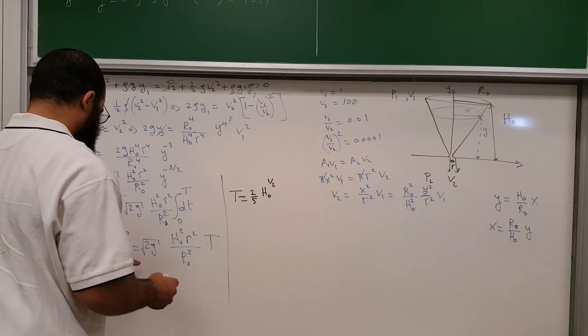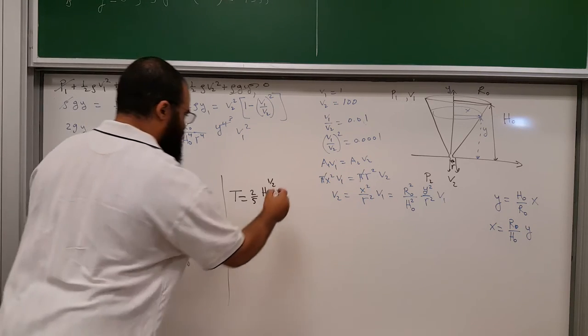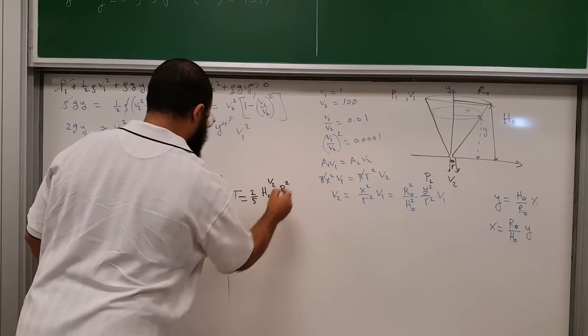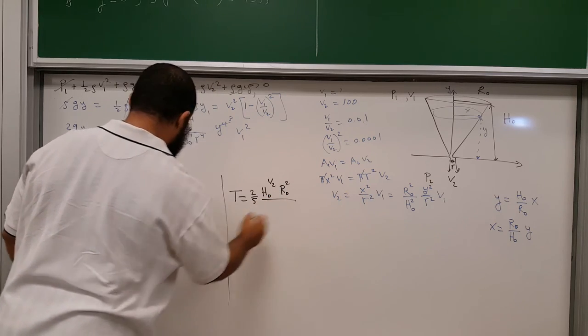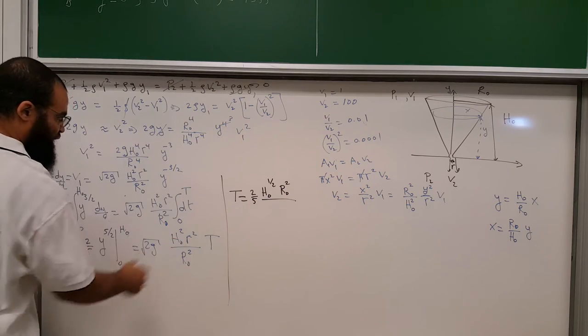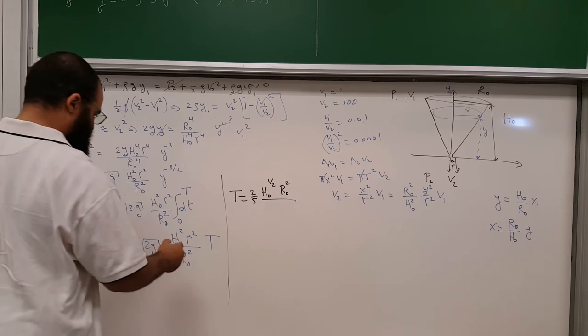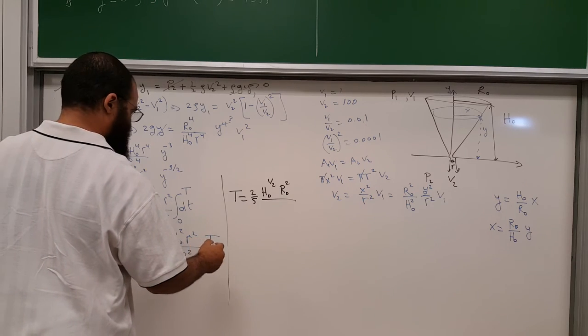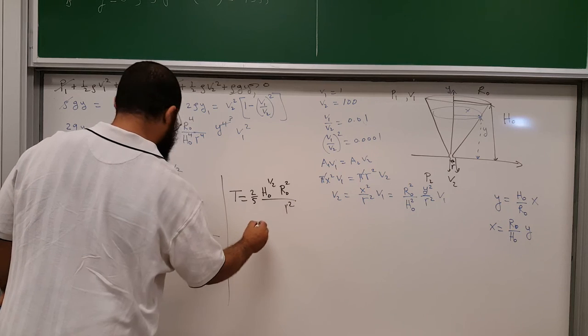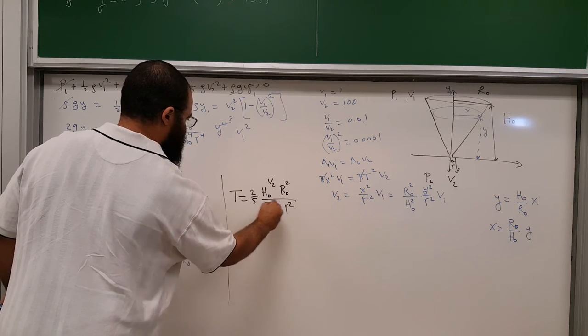And we're going to multiply by r0 squared. And we're going to divide by this, since I'm solving for capital T. So we're going to divide by r squared and 2g square root.